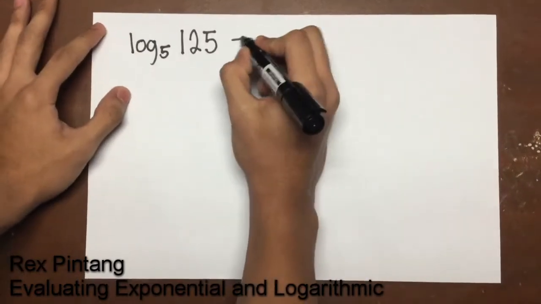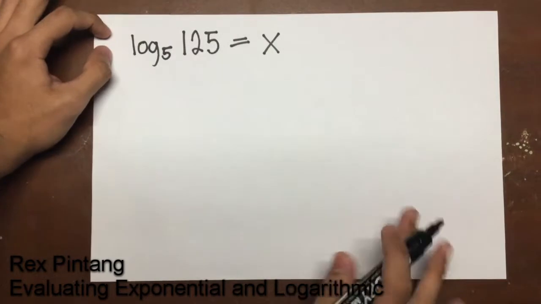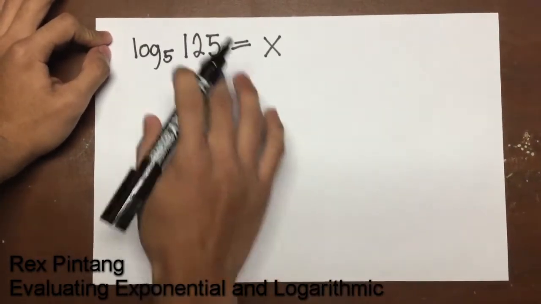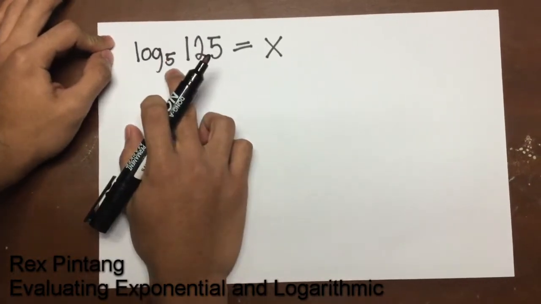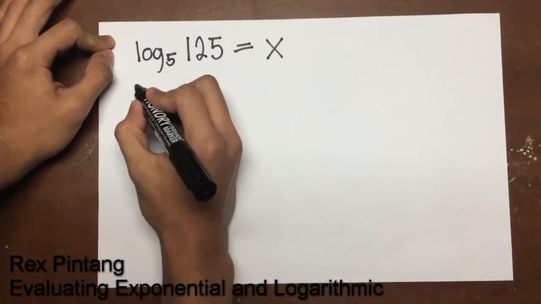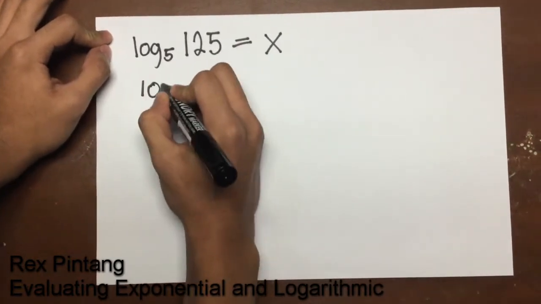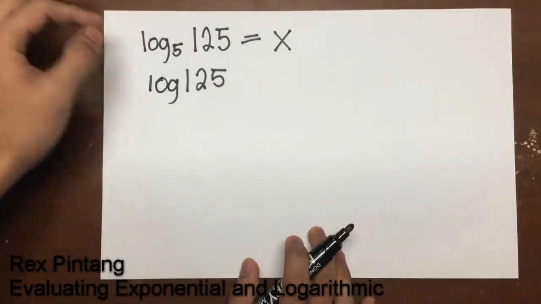And let's solve for x. In order to get the x, we have to convert it into a fraction form. So the numerator will be the highest number in your logarithm function, and your denominator will be the base.